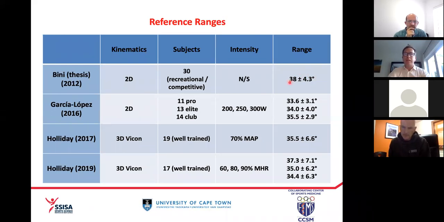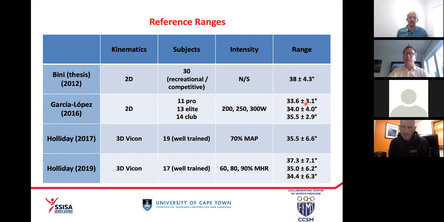Remember, easily riding down the road. I didn't go over this, but Garcia Lopez measured differences between professional cyclists, 13 elite cyclists, and 14 club cyclists. It wasn't a relative workload, it was an absolute workload of 200, 250, and 300 watts. And the average from 3 different trials was mixed into the kinematics.